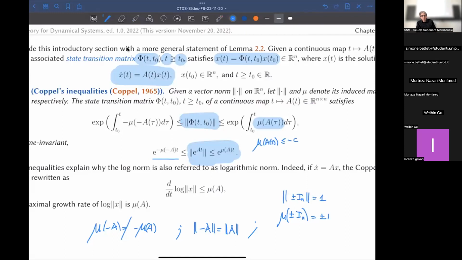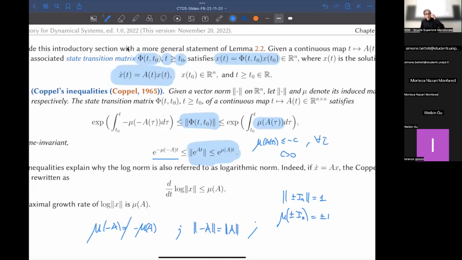If it so happens that you can find a norm such that the log norm of the matrix, sorry, you don't have to go to the state transition matrix, that's the whole point, mu of A of tau is upper bounded by minus c, where c is positive, and this holds for all tau, then you've proved convergence of the time-varying linear system.